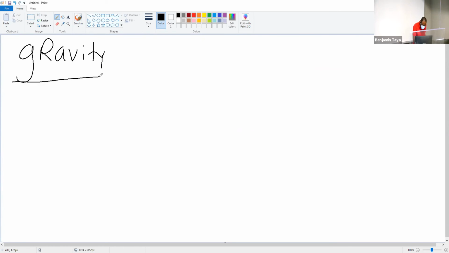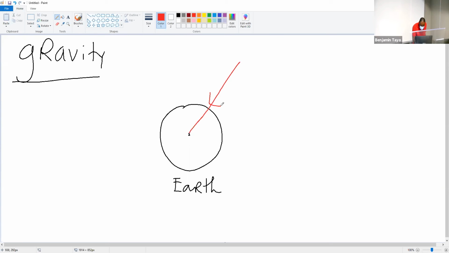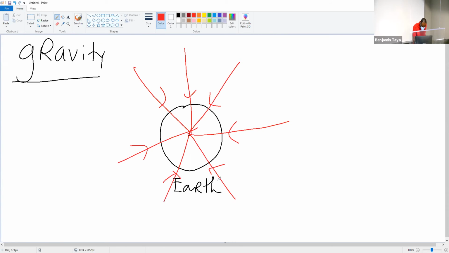And I just want to show, so suppose that the force of gravity is always pulling objects closer to the center of the earth. This explains why if I take an object like this and I release it, as long as I maintain the same distance, the force of gravity is always going to act, right? It doesn't matter if you're in the United States or in Australia, as long as you maintain the same distance.